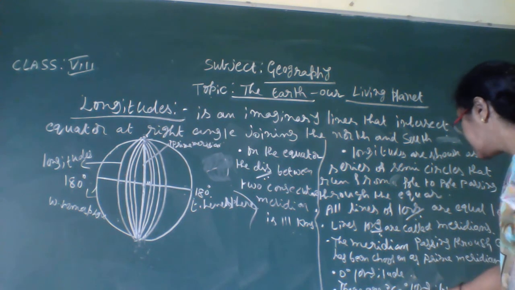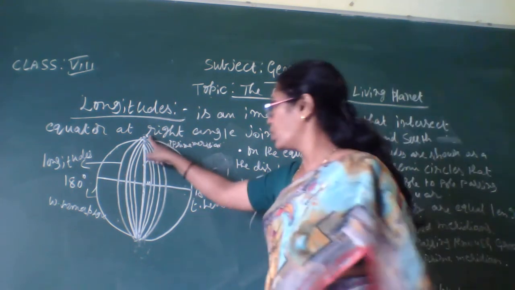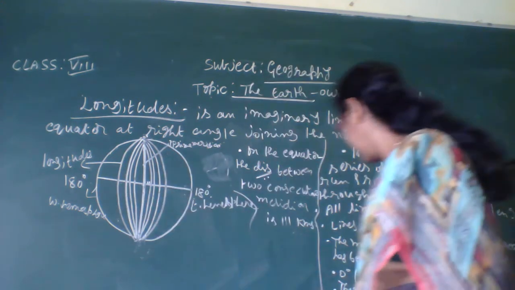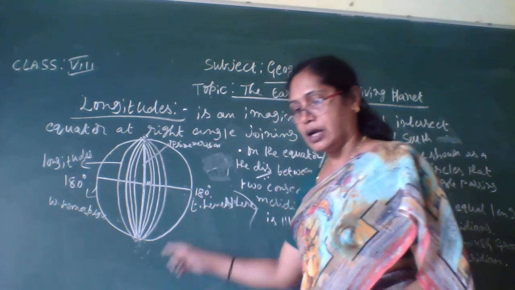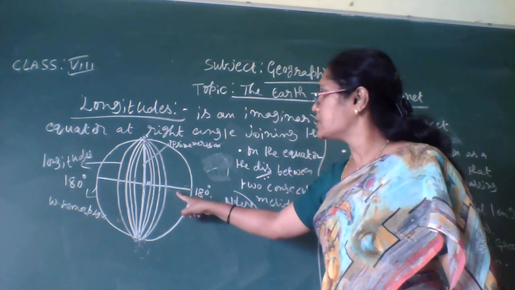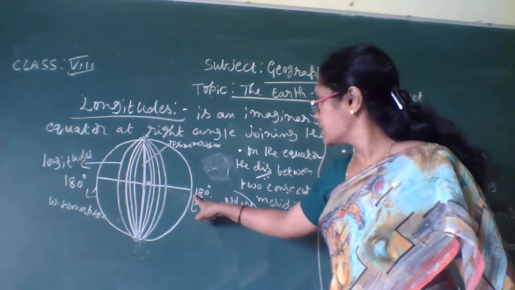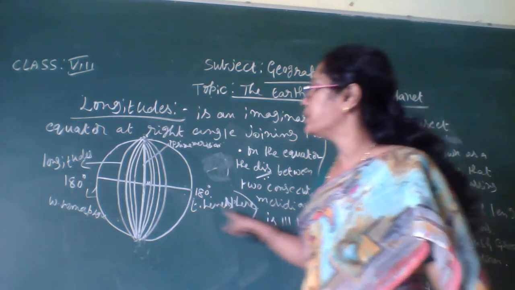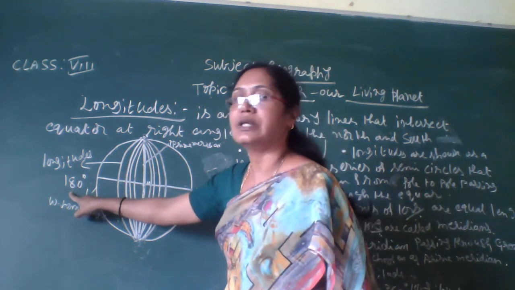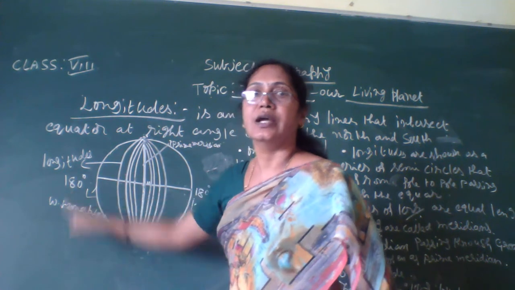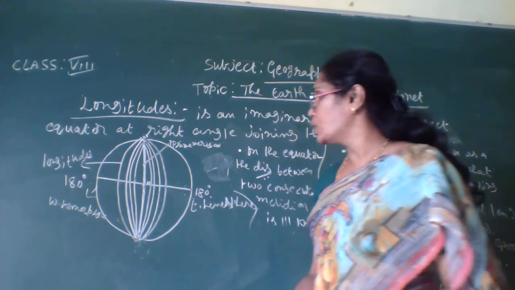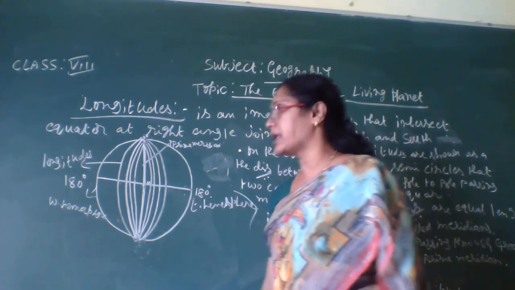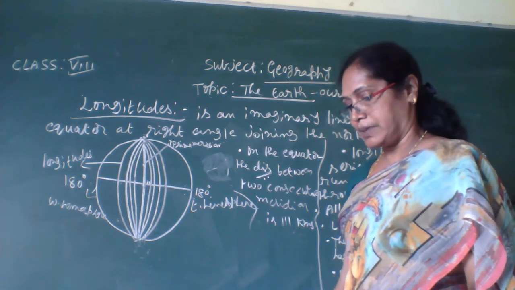Next, there are 360 longitudes in total. There are 180 degree longitudes to the east of the prime meridian, known as the eastern hemisphere. The opposite zone is known as the western hemisphere. Then the distance between two consecutive longitudes decreases gradually with the distance from the equator.